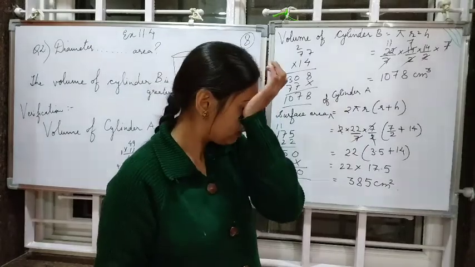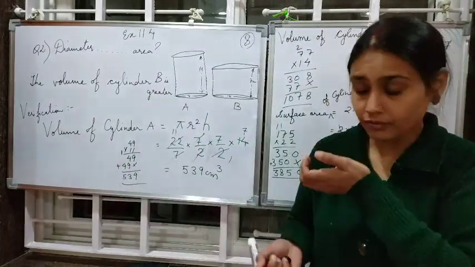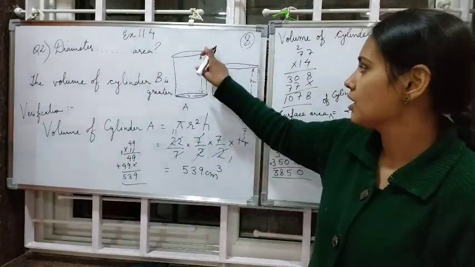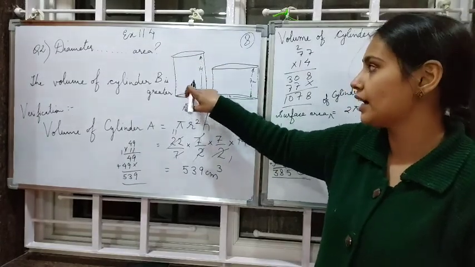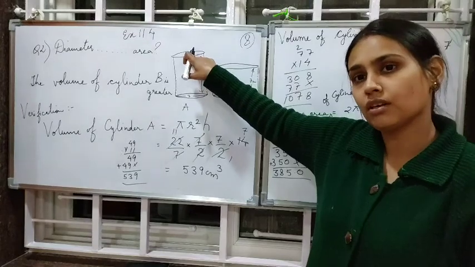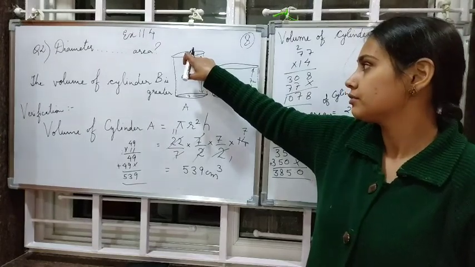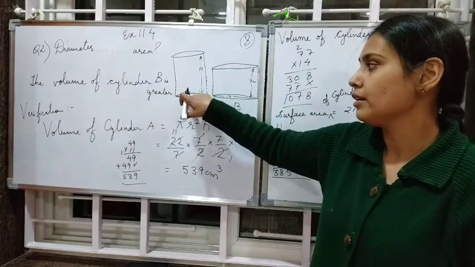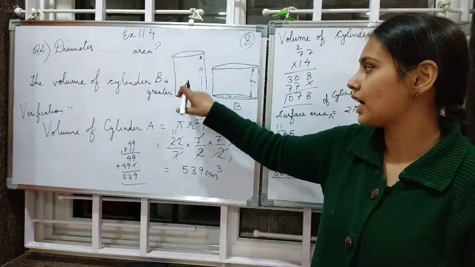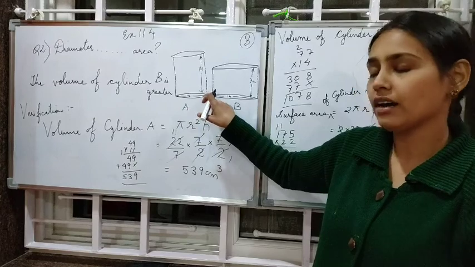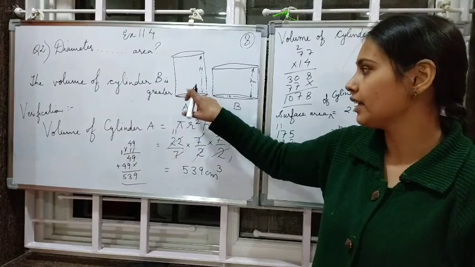Surface area means the total area of the outer surface. Yes, and this is the outer surface, which is in the form of rectangle and two circles. Okay, two circles. Area is given by pi r square, and the area of this rectangle is given by 2 pi r, that is the length. Why the length is 2 pi r?